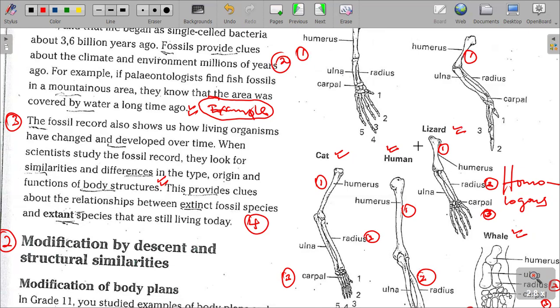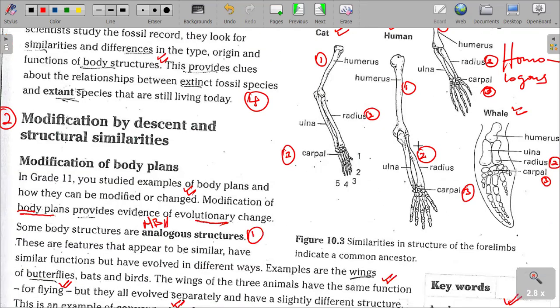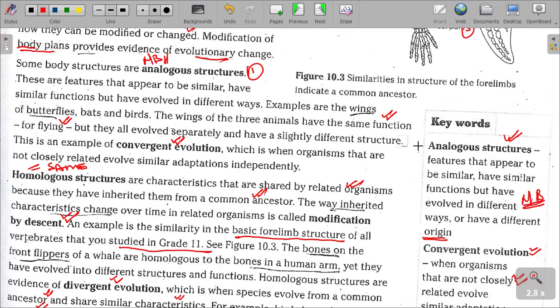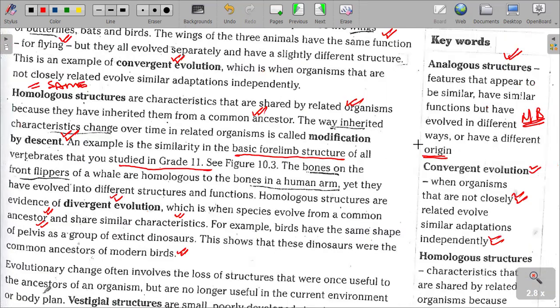I'm sure we can together understand that these organisms have characteristics that they share, because they inherited them from a common ancestor.